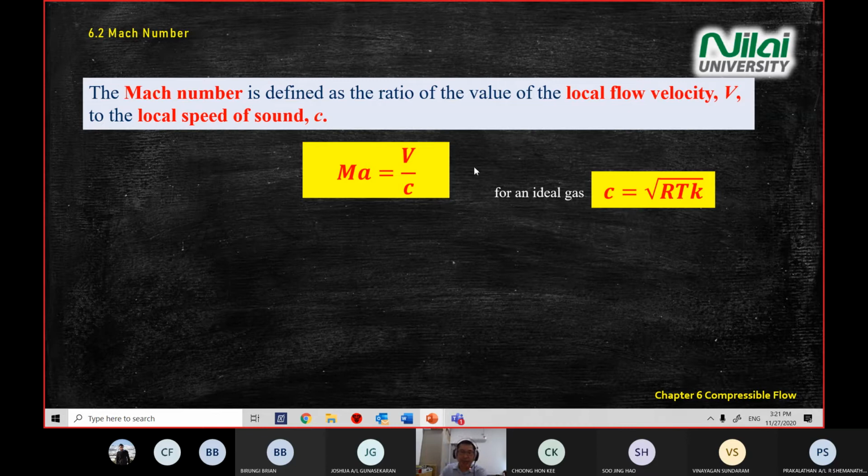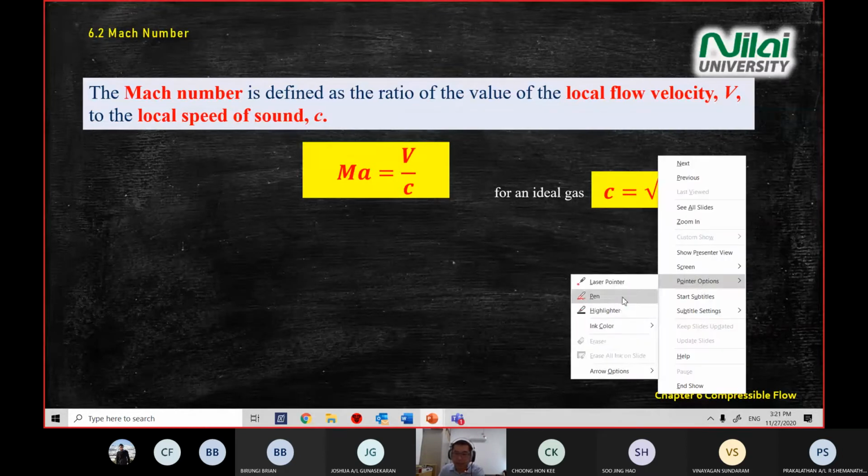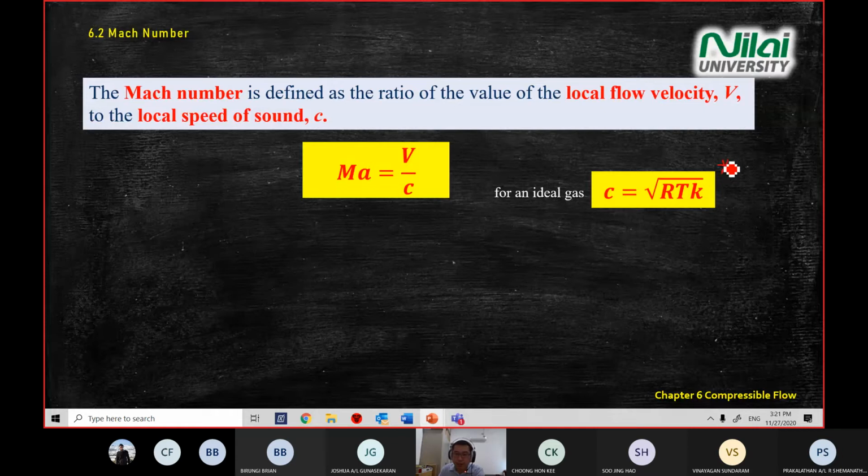Before this, we learned about Mach number, a ratio between velocity and speed of sound. Today, you learn one new equation for speed of sound, given by square root of RTK. This equation is important. It will not be given in your final exam.